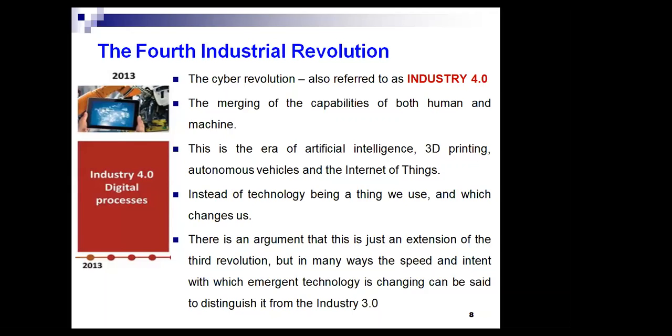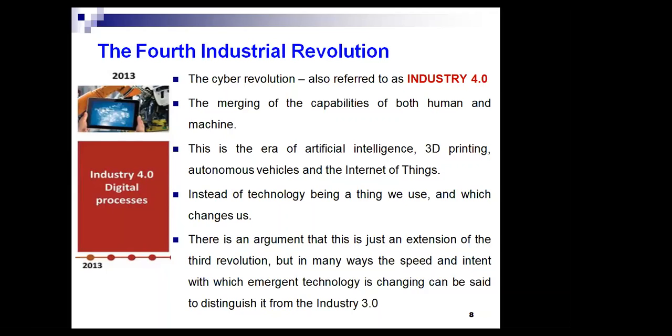It is nothing but merging of computational facilities with the physical manpower. So it is more on artificial intelligence, 3D printing, autonomous vehicle systems, and Internet of Things kind of applications.